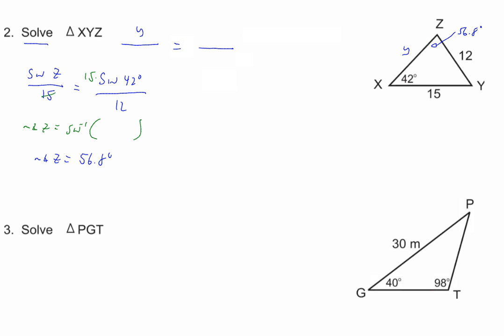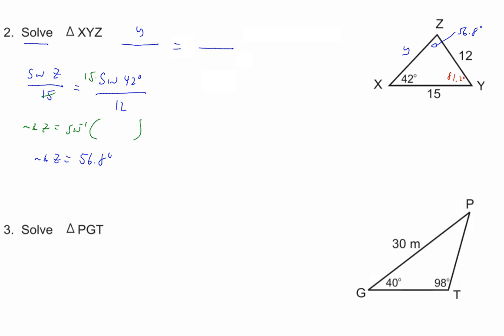But the three angles of a triangle equal 180. So what's 180 minus 56.8 minus 42? That ends up being 81.2. Triangle not drawn to scale. 81.2. Now can I go back and get side Y?